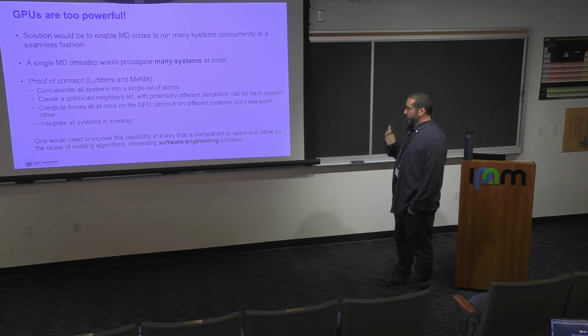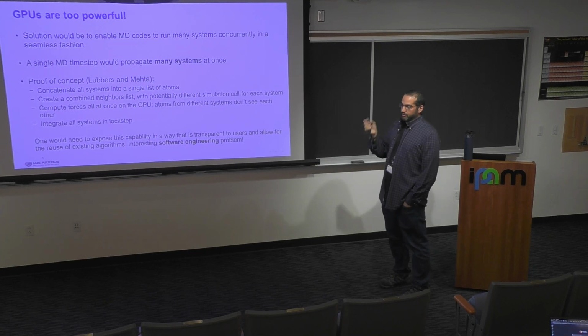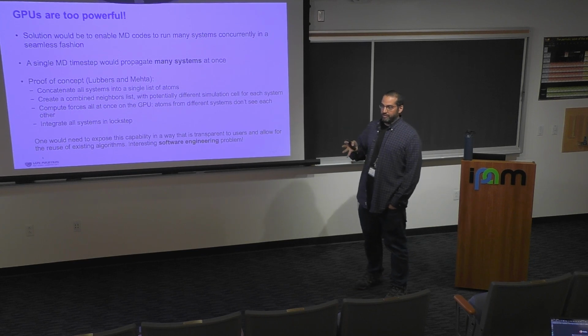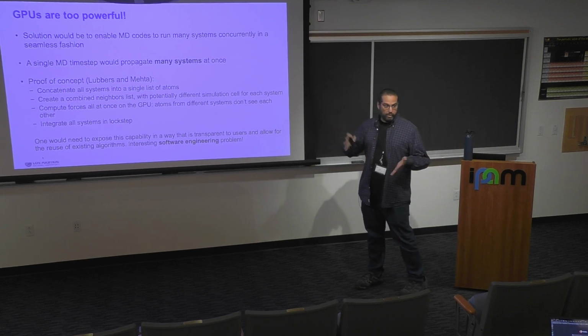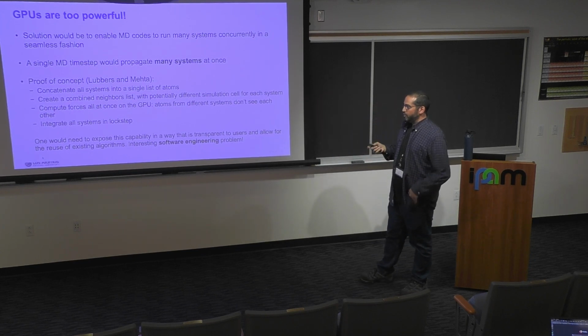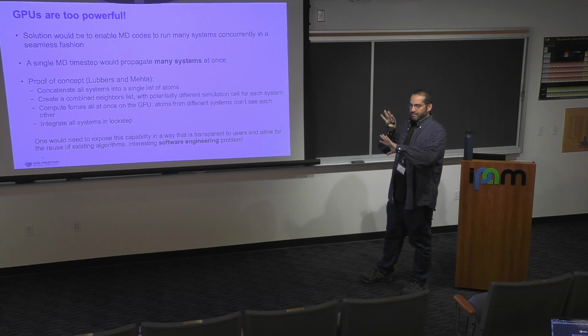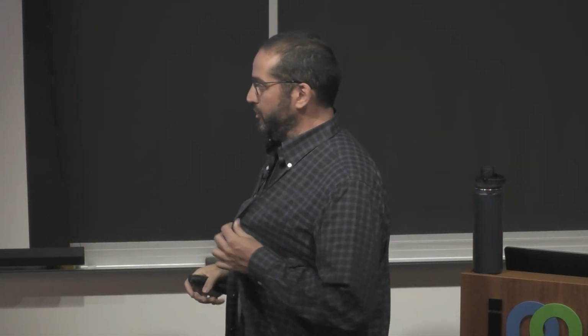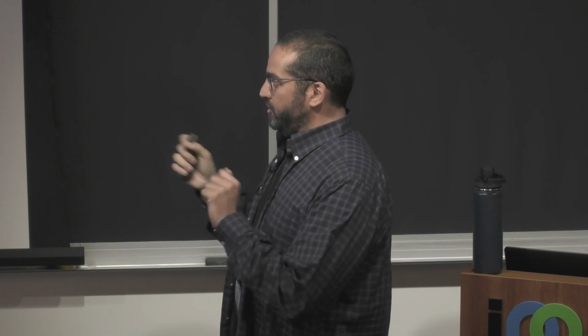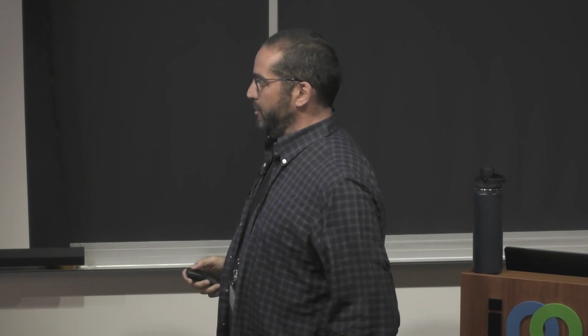So there are ways around this, and there are some ideas that some people in our team are starting to look at. Something that we might need to do is to start having an MD code that's not running one simulation, but that is running 1,000 systems at the same time, all packed up into one system, right? So you might have a weird kind of overlapping systems. They all live together in the same MD code, but they don't see each other in their respective neighbor lists.